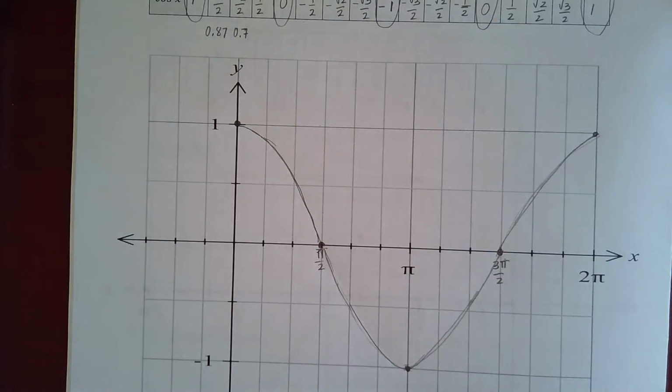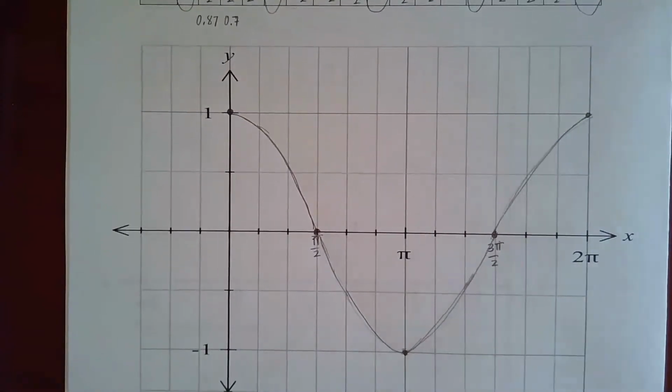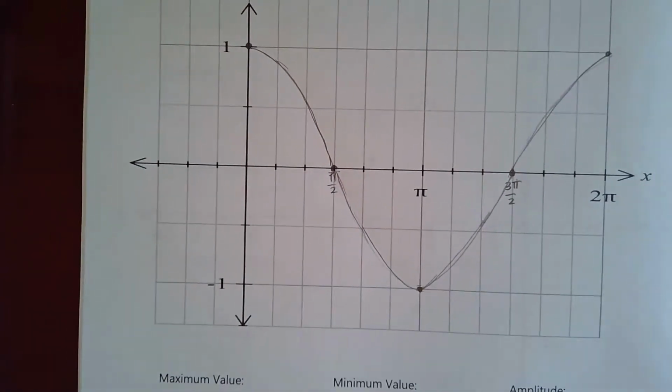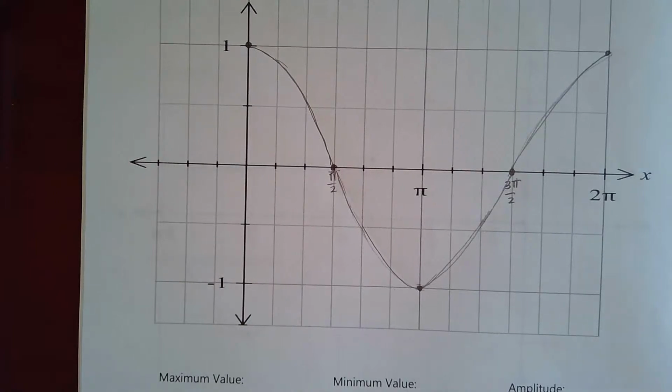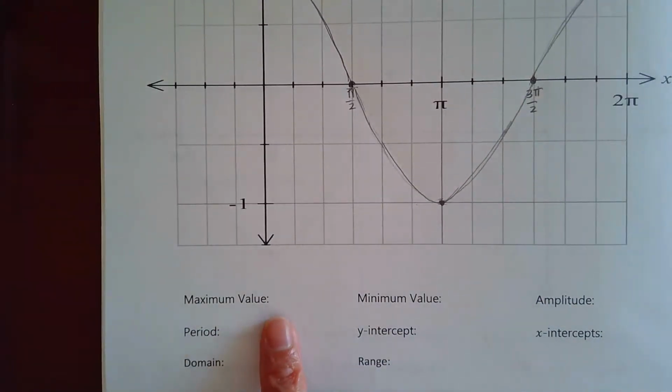In this particular case, because we're talking about the cosine graph, we're talking about the x values of the coordinate points on a unit circle. So now let's take a look at some characteristics of that. What is the maximum value?